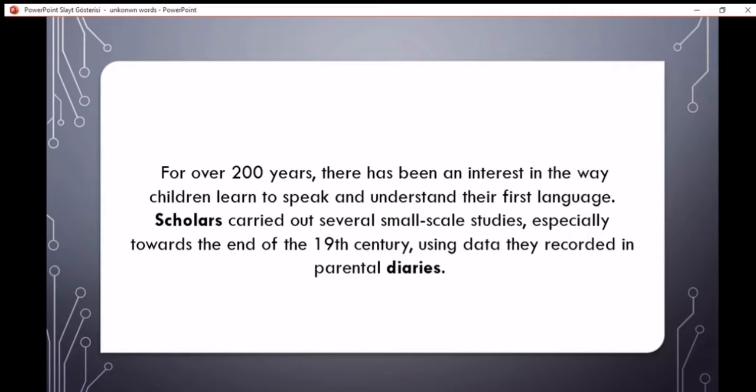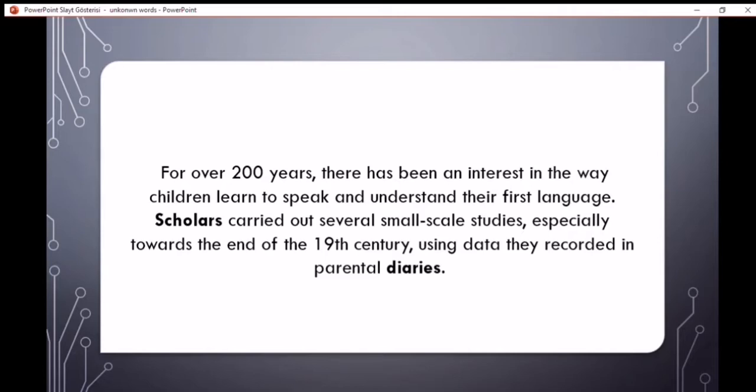The people who can carry out studies are the people in that specific area of expertise, which means it can be scientists, researchers, linguists. And in this scenario, because we're talking about learning to speak and understand their first language, probably linguists or scientists.